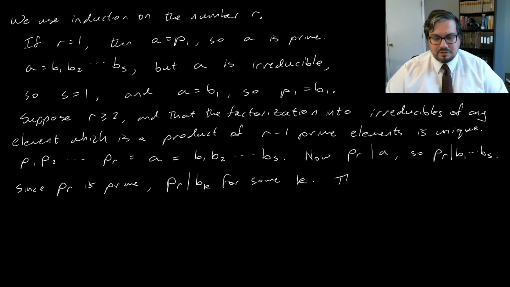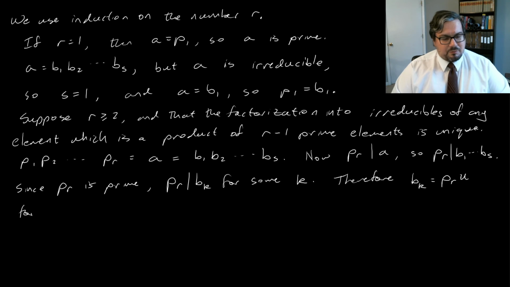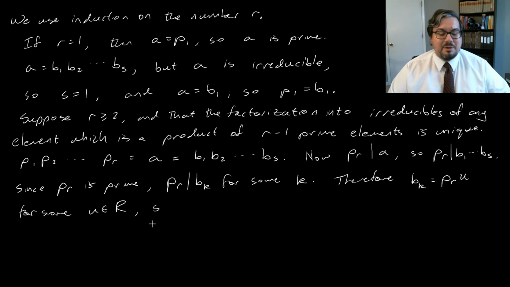Therefore, BK is equal to PR times U for some U in R. But the thing that we know about BK, we don't know it's prime, but we do know it is irreducible.